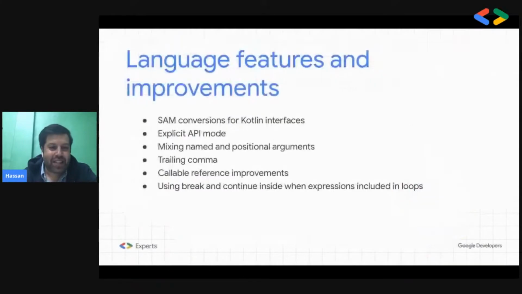For the language, there are a couple of things I want to show you guys today. The main one is the SAM conversion, which is mostly about lambda conversion. Then we will talk about explicit API mode, mixed named arguments, and a couple of others.